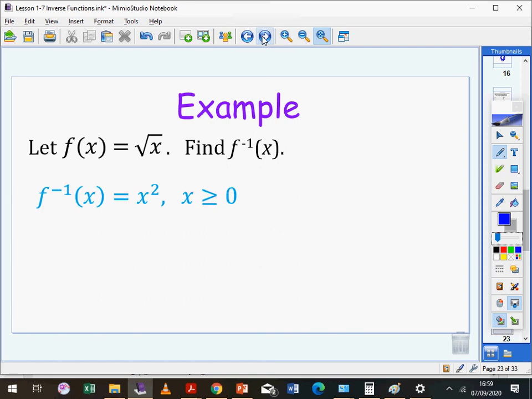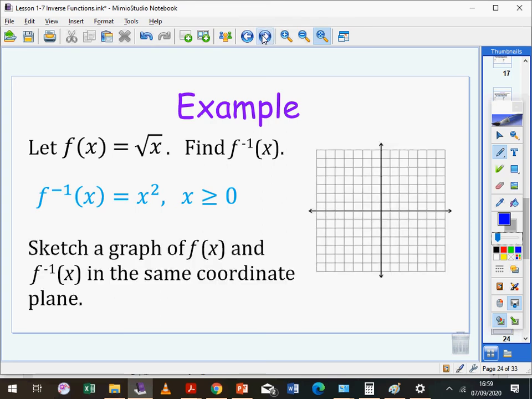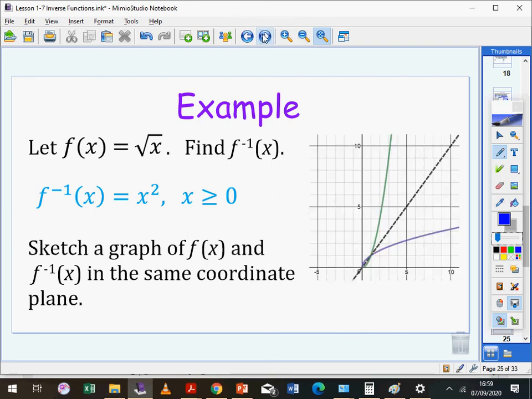All right. So the inverse function of f of x is going to be equal to x squared. I talked about this earlier, but that's only going to be true if x is greater or equal to 0. I explained why that's the case a couple of seconds ago.